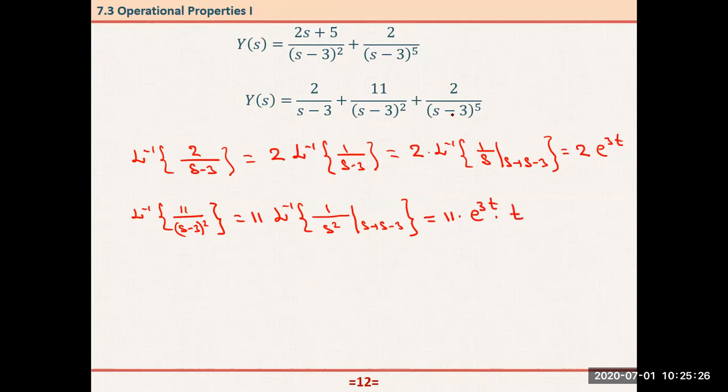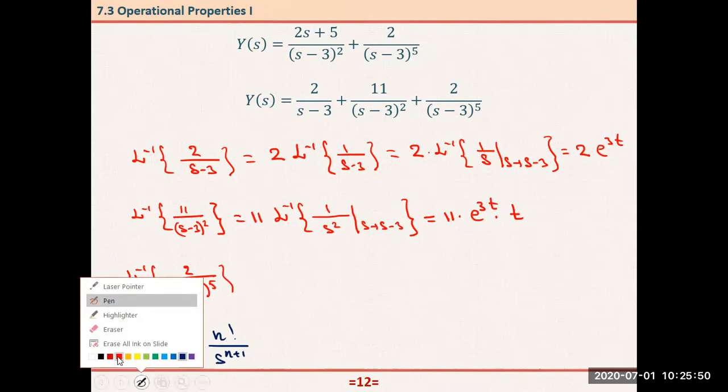In a similar way, how about here? Inverse Laplace transform of 2 over s minus 3 to the power 5. And for this, I am going to use that thing. What is it? Laplace transform of t to the power n is equal to n factorial over s to the power n plus 1, right?